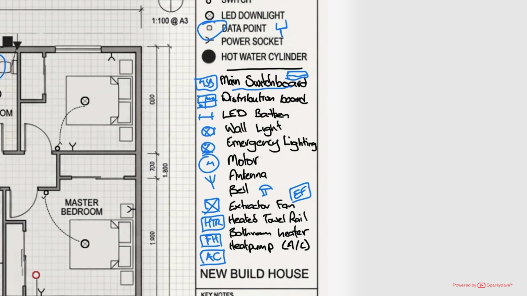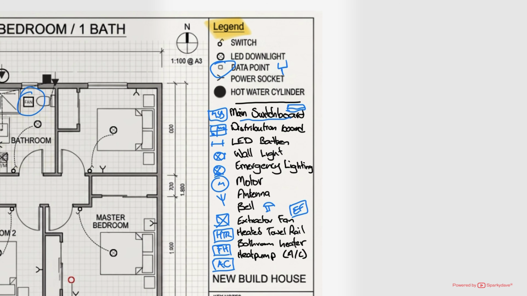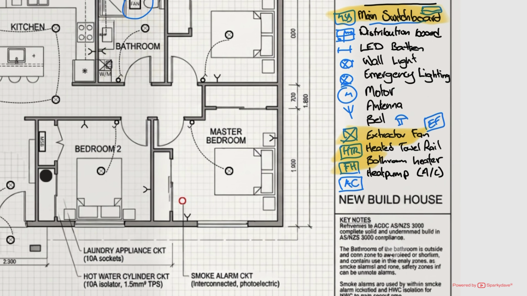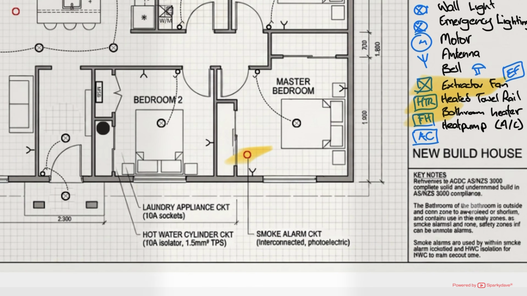But primarily the symbols that you need to know is going to be your switch, your downlights, your sockets, main switchboards, heated towel rail, bathroom heater, your extractor fans. Because most of the time, these are the ones that are going to appear on the plans in front of you. Also, and you can see here it's not in the legend, but smoke alarms.